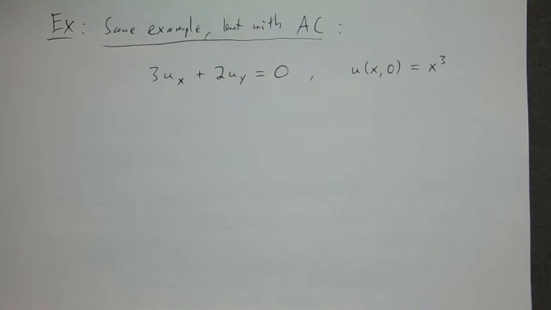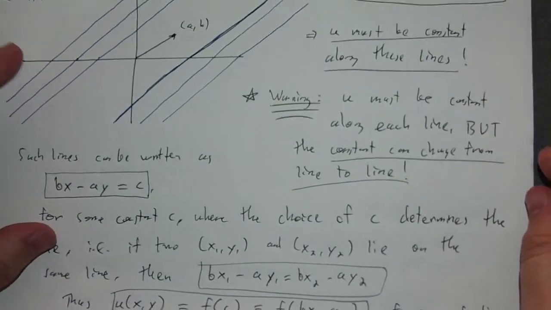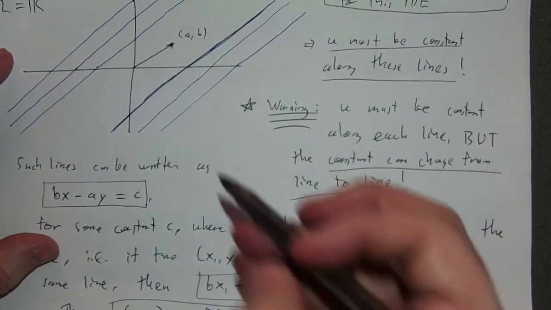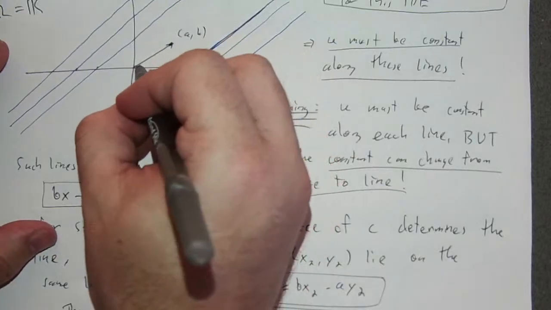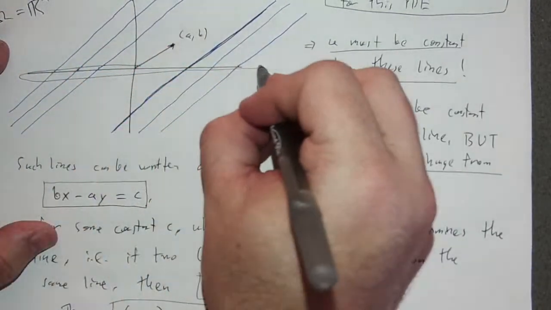Think about what this means, let's go back to our picture here. Going back to our picture, we have data specified on the x-axis, right?